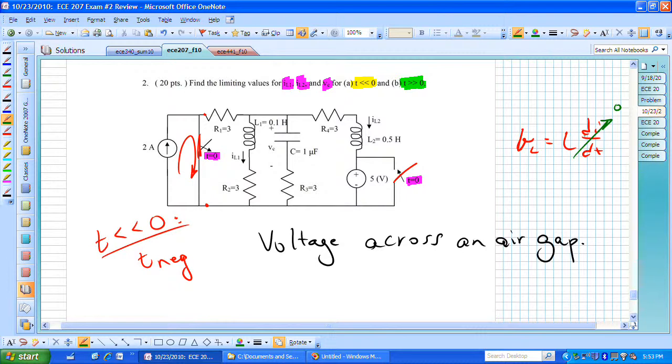Its time rate of change is going to be 0. So the inductor voltages are always going to be 0, and that means in DC steady state, if the voltage dropped across those inductors becomes 0, those effectively become a wire.